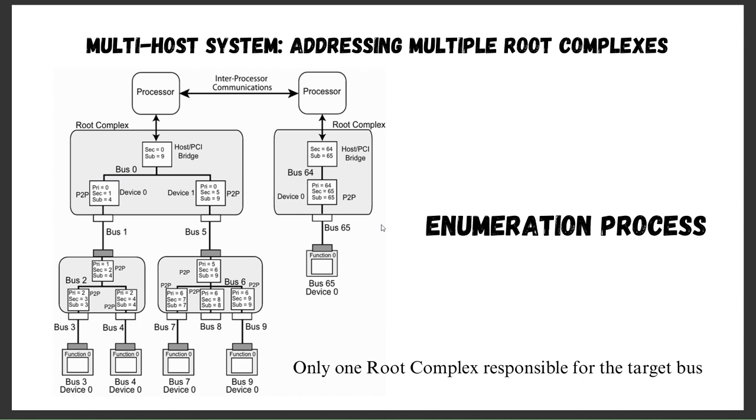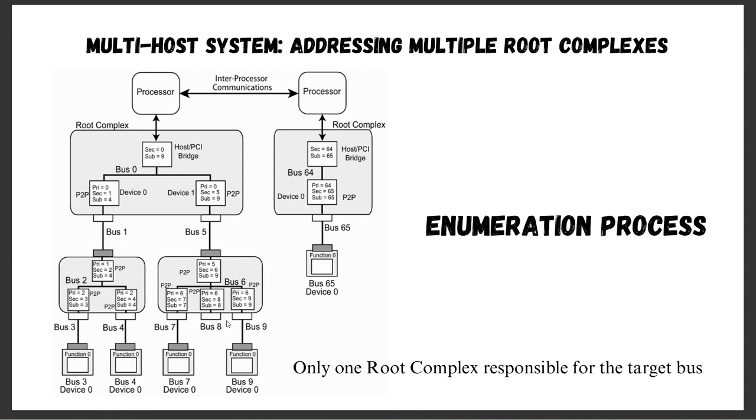Next, the enumeration process. During enumeration, the software discovers all the buses and devices under the active root complex and assigns them bus numbers. After the first root complex finishes, the second root complex is enabled.